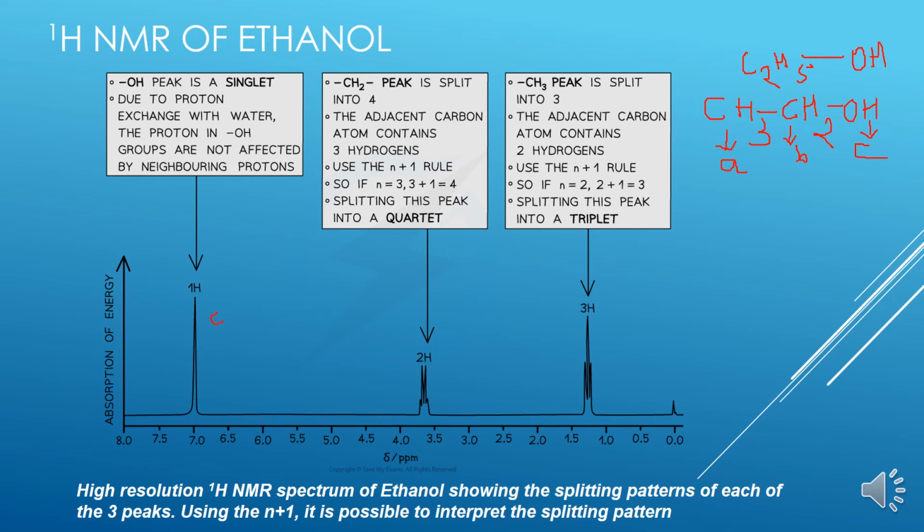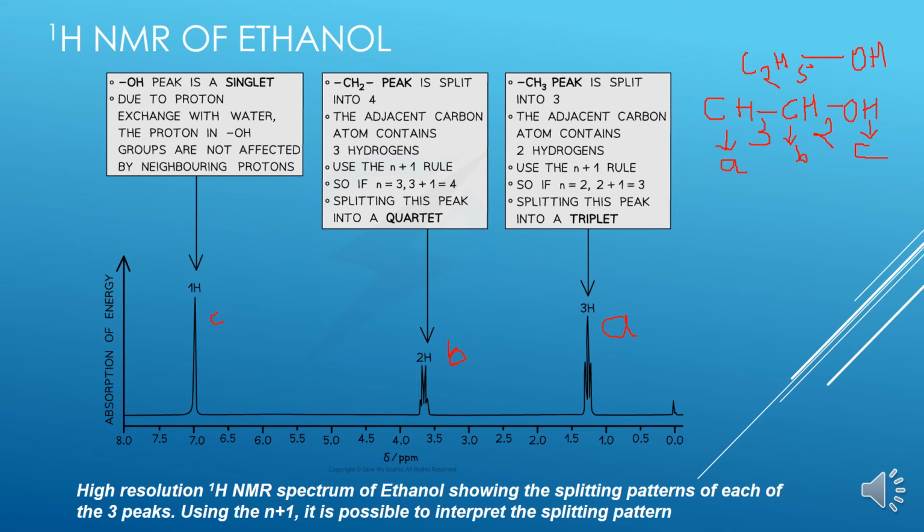This is for the methylene protons, CH2, I mean it is labeled as B. This is C. This is A. This is the methyl proton, this is the methylene proton, and this one is the hydroxyl group proton.